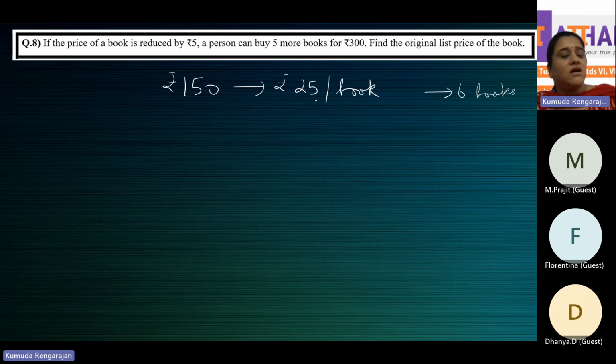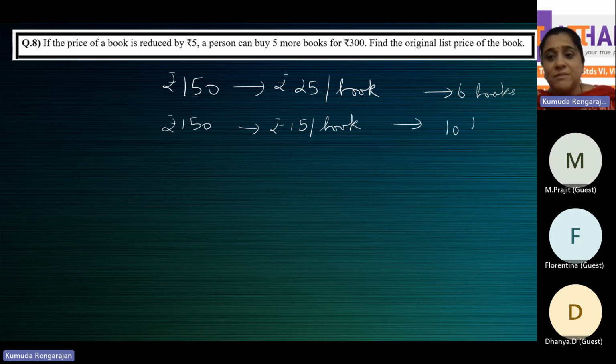Now, supposing the cost per book reduces by 10 rupees. So that means the new price is 15 rupees per book. With the same money, 150, how many books can you buy? 10 books. That means you're able to buy 4 more books. This is the situation.